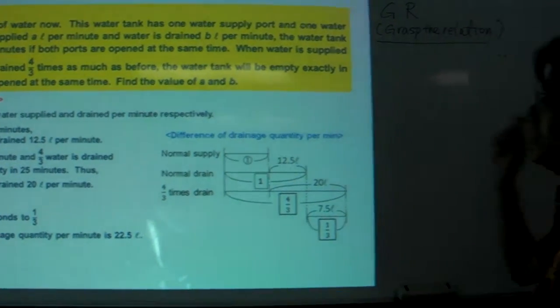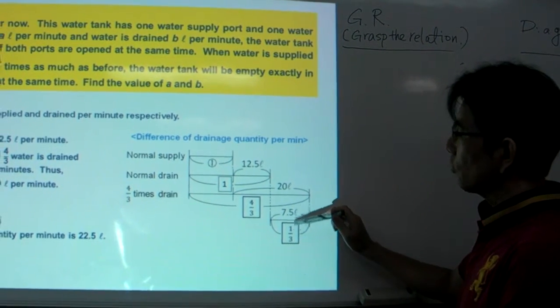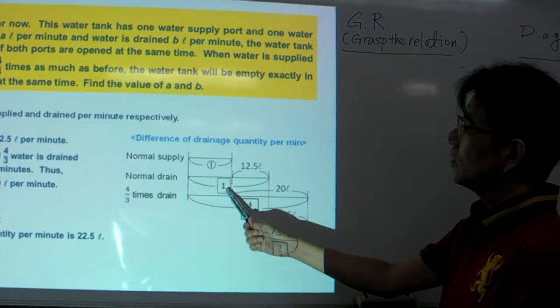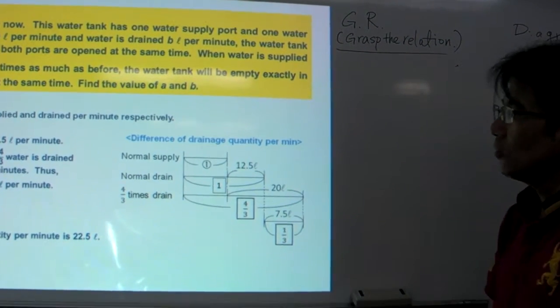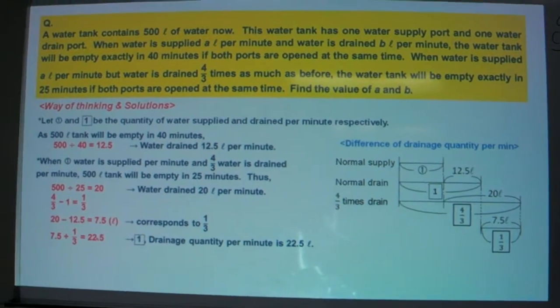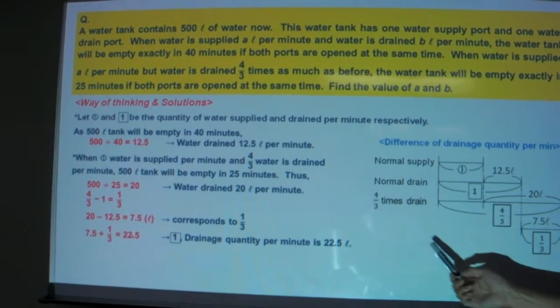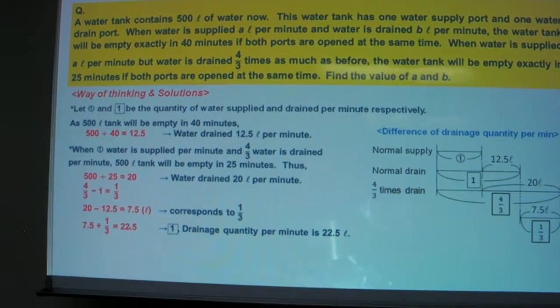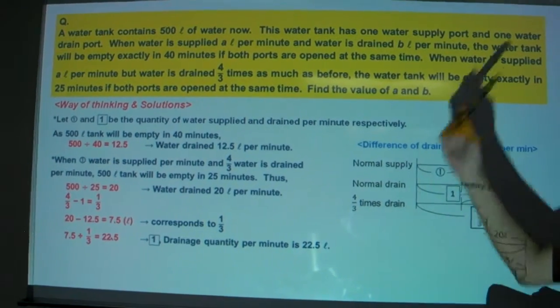If you divide the quantity corresponding to the rate by its corresponding rate, you can get 1 original unit. So 7.5 divided by 1/3 gives you 22.5. 1 square is equal to 22.5. This is the value of B, because it's the flow out.